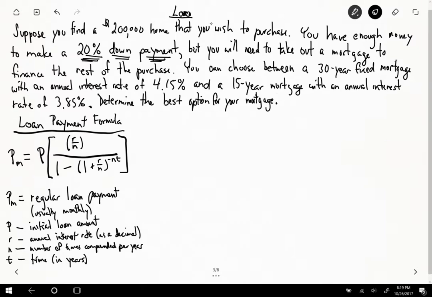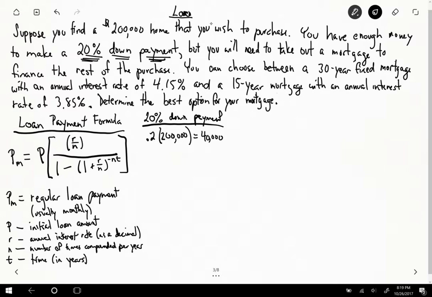Okay, so in our first scenario here, we've got to figure out what the 20% down payment is. How do we figure that out? Well, you're going to put 0.2 times the 200,000, and notice that equals 40,000.